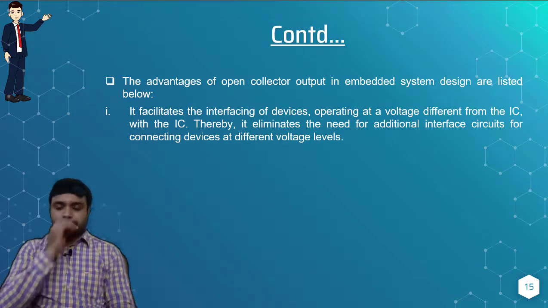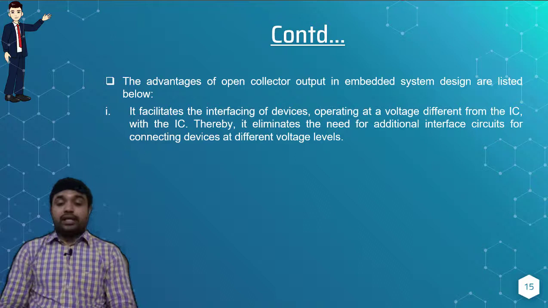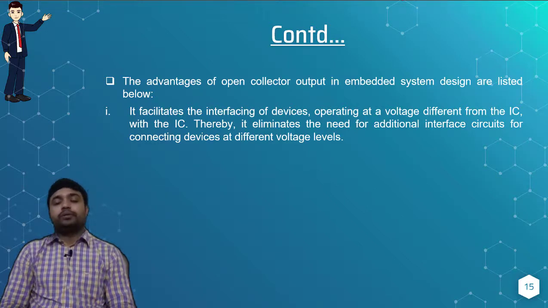With the open collector output configuration, we can combine multiple integrated circuits that operate with different voltage values. That means a 5 volt operation, a 12 volt operation, or a 3 volt operation can also be achieved with an open collector output configuration.